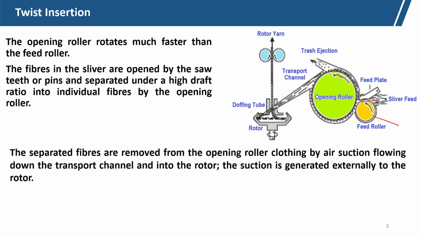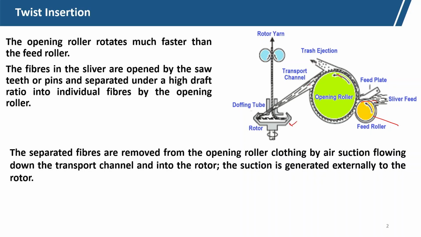So, it comes out from the opening roller clothing by air suction. Here there will be air suction in the transport channel, because the vacuum is created at the rotor groove due to high revolution.